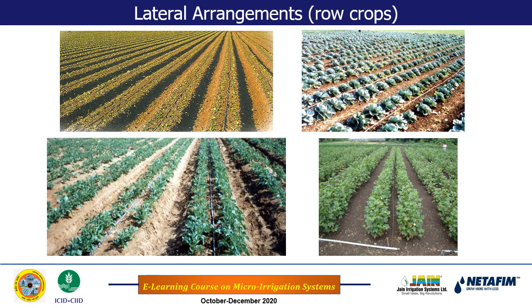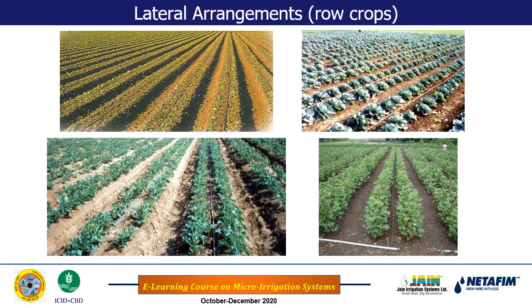For vegetable plantation or less spaced plantation, instead of having one lateral per row of plantation, you can bring 2 rows of plants near, and you can have one lateral per 2 rows of the crops, as I have shown here for different kinds of crops. Cabbage is there, cotton is there, and many other crops are there. So this will save us the lateral cost. This is also called paired row planting.